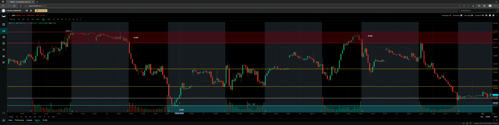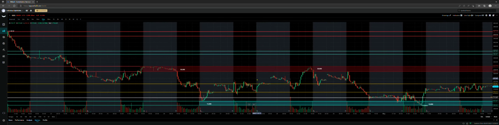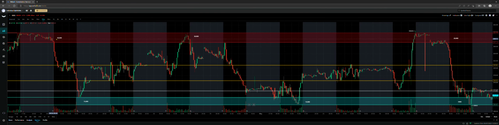Okay. Now, when you think of these zones, just imagine this. I put these values here for you to give you a visual. Think of these zones as orders sitting here waiting to be bought or sold. But each time price returns to the zone, those orders get weaker over time, and the strength of those orders are weakened.